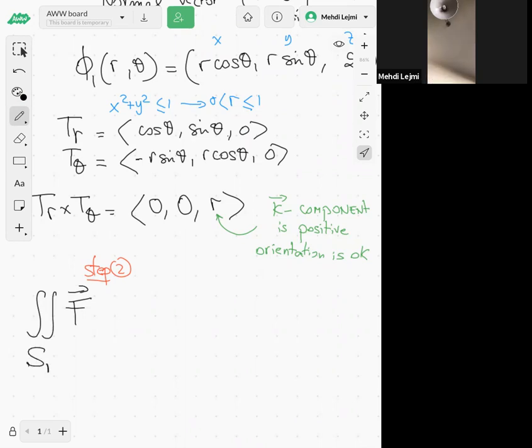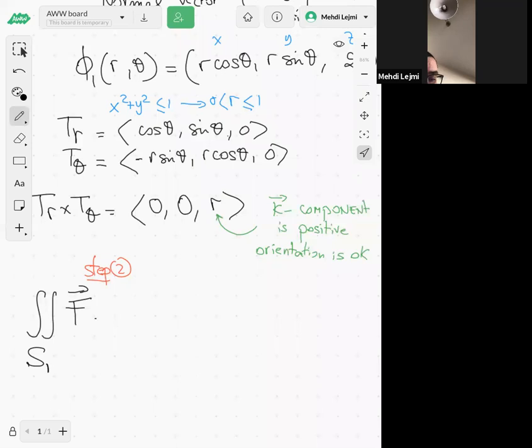Remember, the boundary was the union of 3 different surfaces. We have the top, that's S1, the disk in the bottom, that's surface S2, and the lateral cylinder, that would be my surface S3. And then I have to take the sum of the three integrals.